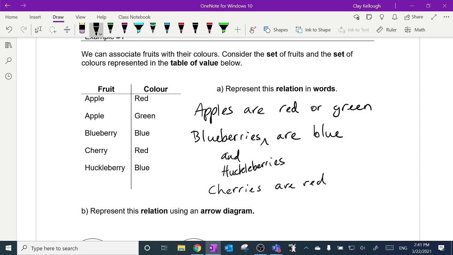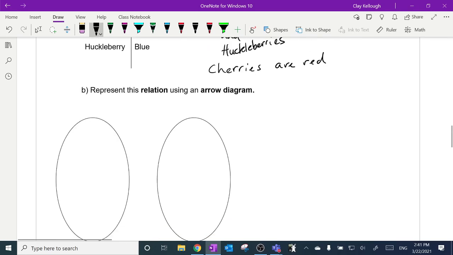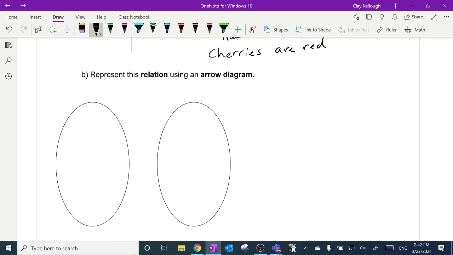Now, arrow diagrams, you're probably going, what's the difference between an arrow diagram and just writing a chart? The arrow diagram can be much shorter than the chart. Especially, you never have to write, say, apple twice, because in this case, you can just write it once, and then draw an arrow to red, and draw an arrow to green. And there you go.